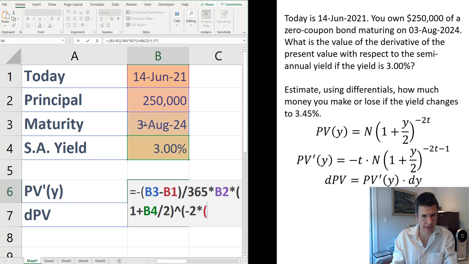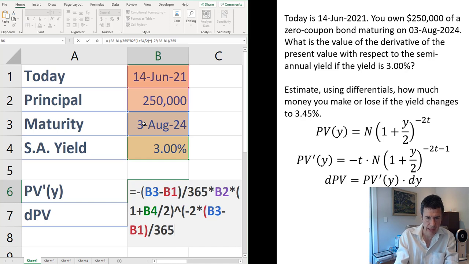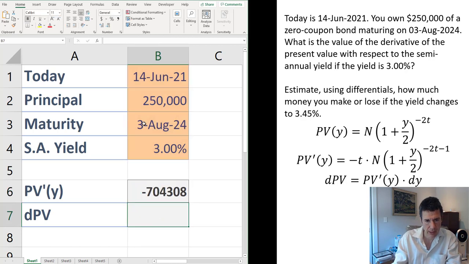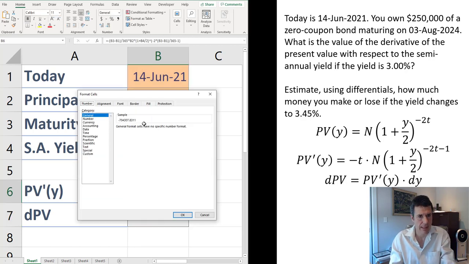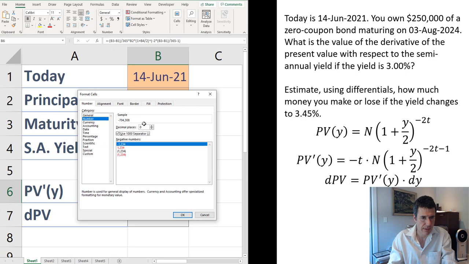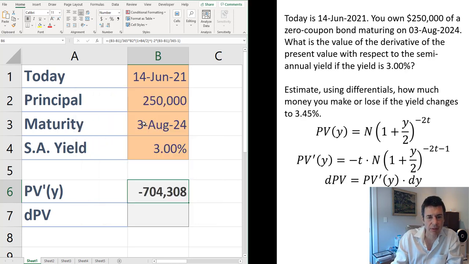We've got to do the calculation again: B3 minus B1 divided by 365, minus 1. So there's PV prime, so negative 704,308. Not the most intuitive number out there.